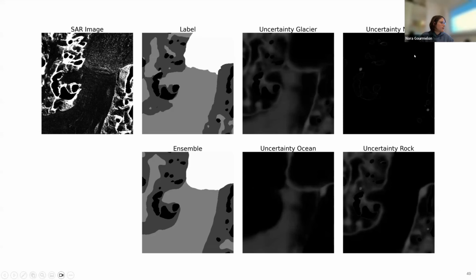But the uncertainty maps for the no-information-available area show us that it's mostly super certain where the NA areas are. And for rocks, it's more on the boundaries to the other zones where it's uncertain.